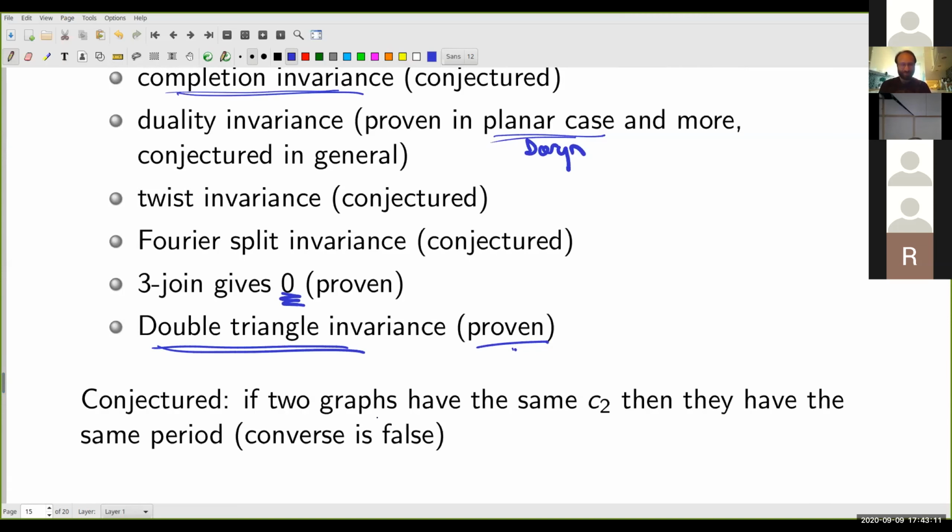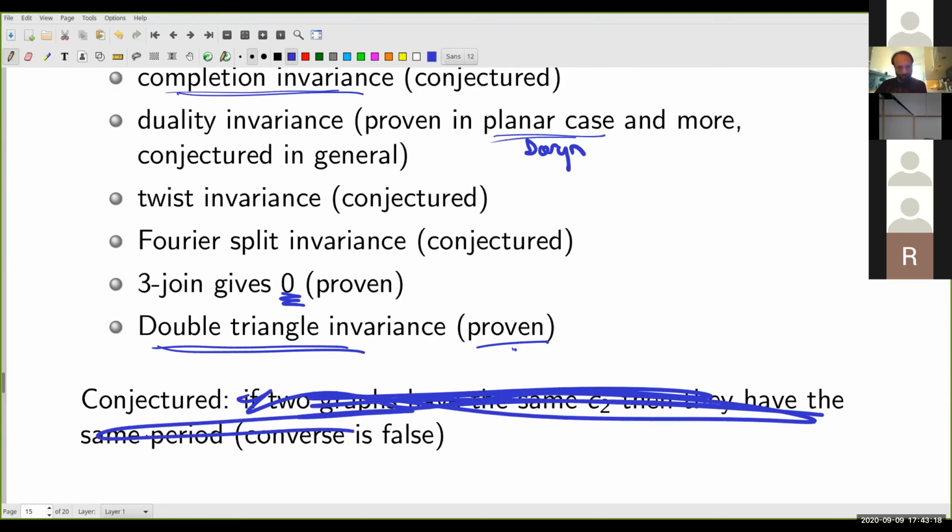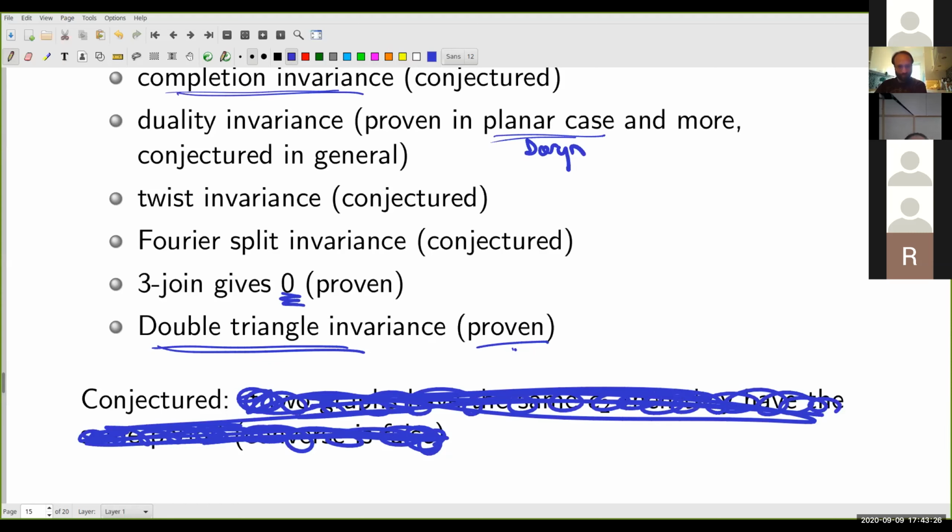And it's conjectured that if 2 graphs have the same C, no, that's the wrong way around. I wrote the converse. That's the false one. Don't read that. What's conjectured is if they have the same period, then they have the same C2.